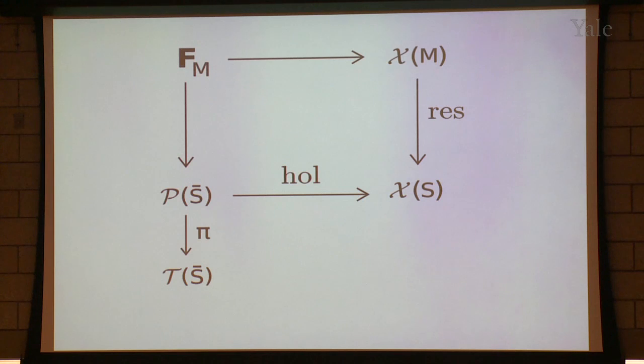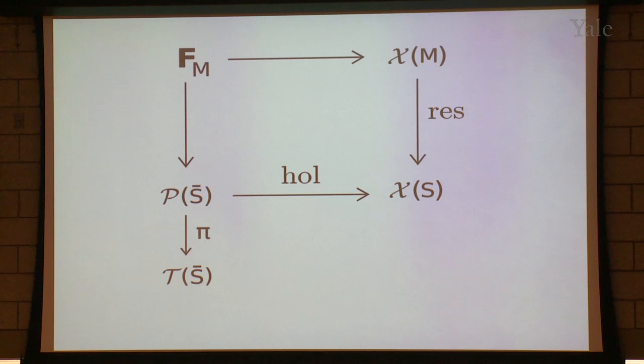So what is this thing F_M? This is the fiber product of those two maps: the holonomy map from projective structures on S bar to the character variety of S, and the restriction map from the character variety of M to the character variety of S.